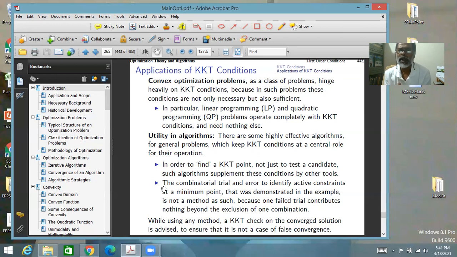Convergence to a wrong answer or premature termination without convergence. To check that, you should always check the final point against the KKT conditions. This is a good practice that you must follow whenever you implement an algorithm.